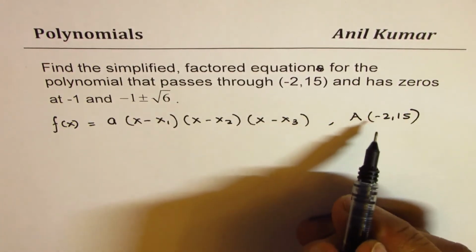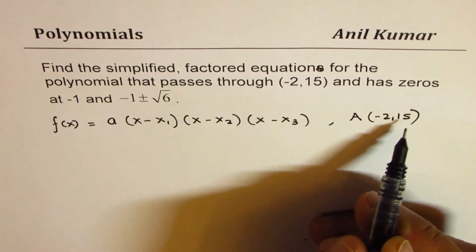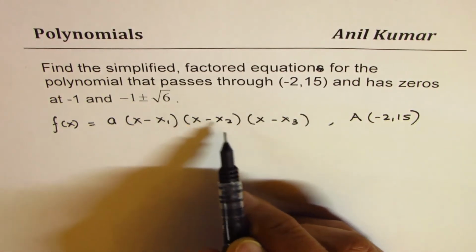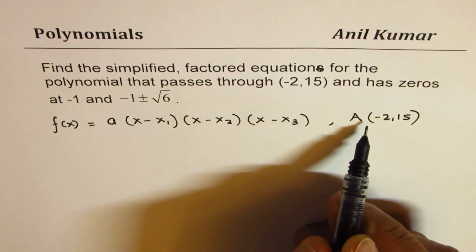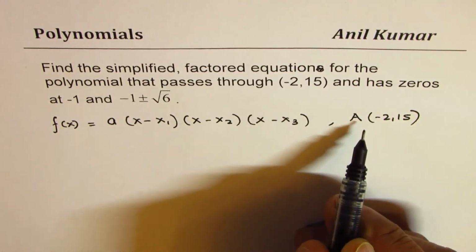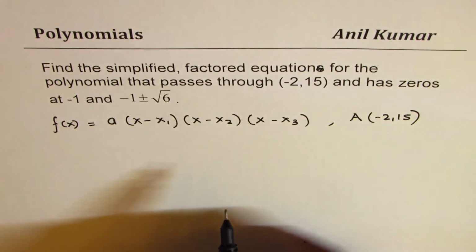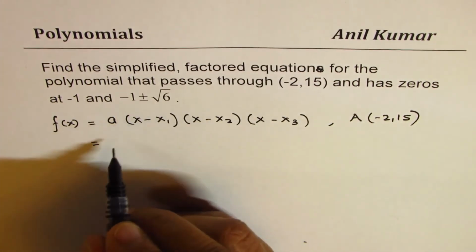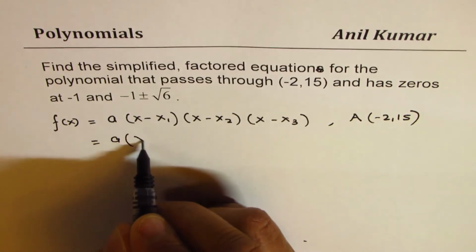So when I place the value of (-2, 15) as the coordinate on this curve, then instead of getting a family of curves, we get a very specific curve which will relate to this polynomial, correct? That's the concept.